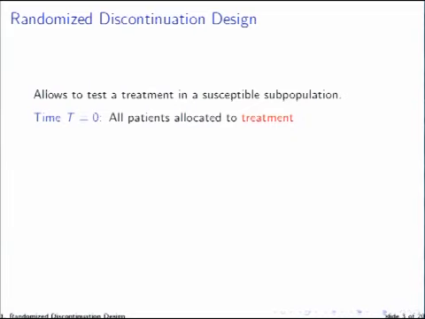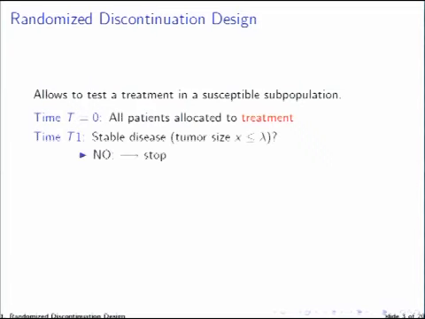So what we do is, initially at time 0, all patients get treated with the experimental agent. So to start with, everyone gets treated by the experimental therapy. We wait a while. To be specific, let's assume that the goal of the therapy is to slow down tumor growth.